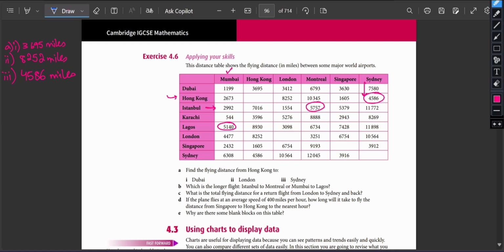So you can already see which is going to be the longer flight. The longer flight will be one that has a greater flying distance, and we can see 5757 has a longer distance, which is Istanbul to Montreal. So you are going to write B, Istanbul to Montreal.